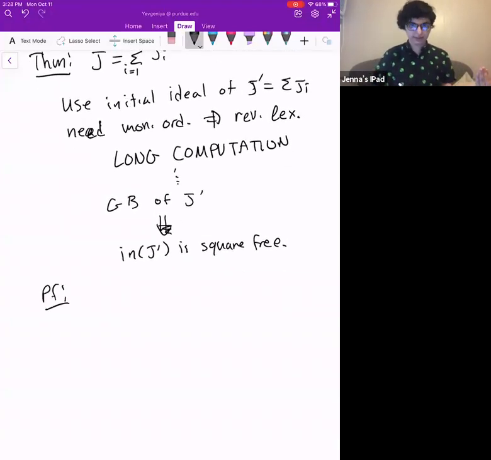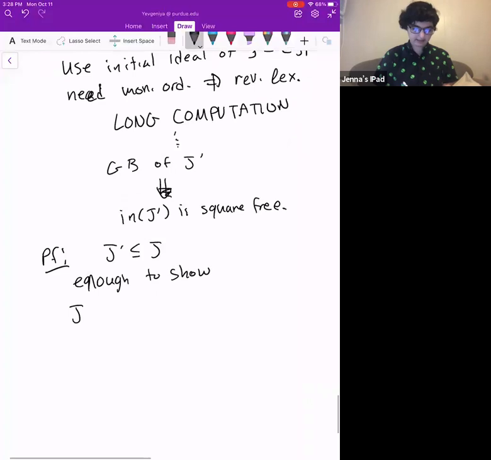By the properties of colon ideals, we know that J prime is contained in J. So it's enough to show that J_P is equal to J prime_P for all associated primes P of J prime.